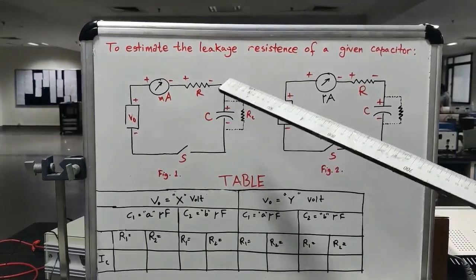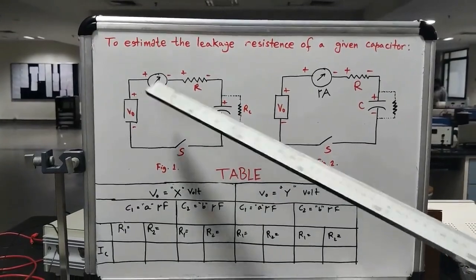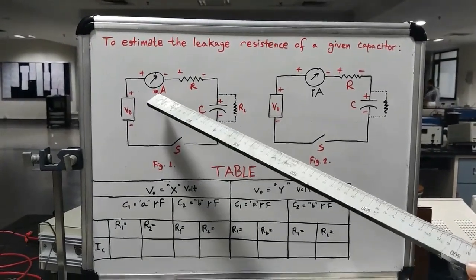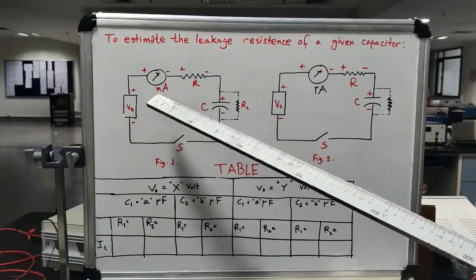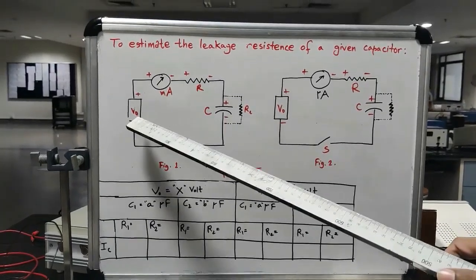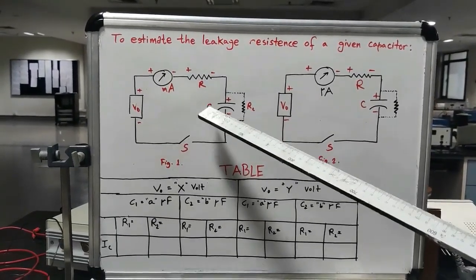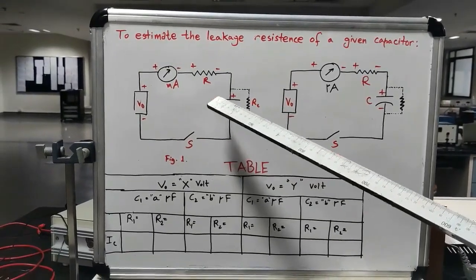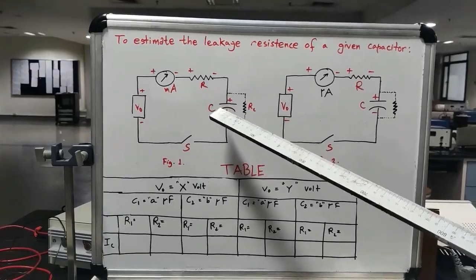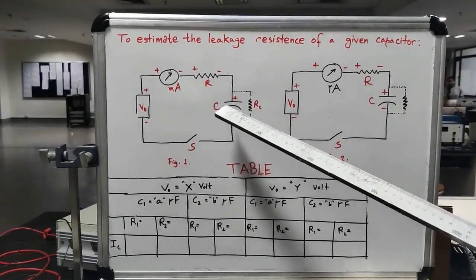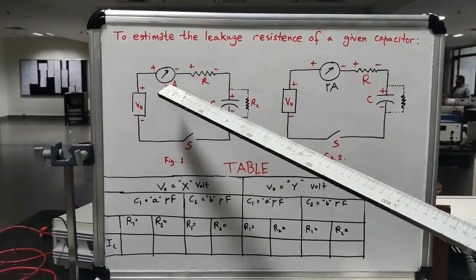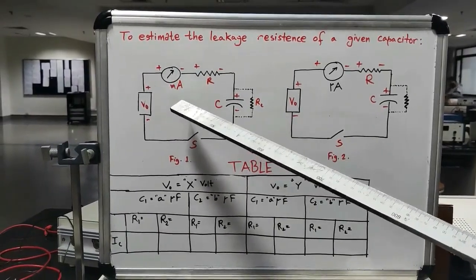For that, we have to first connect the circuit in this way with a milliammeter, and first charge this capacitor fully for a given supply V0. When this capacitor is fully charged, it attains a voltage Vc, and then this current will drop from a peak value to a lower value gradually.